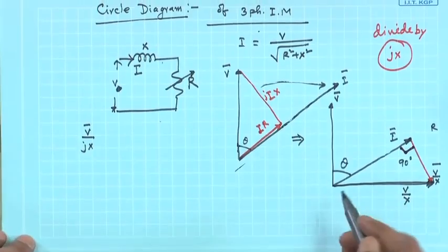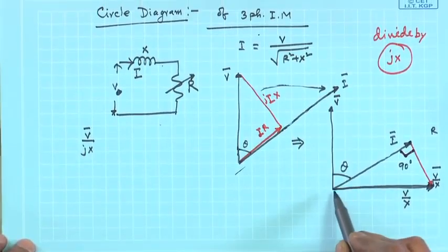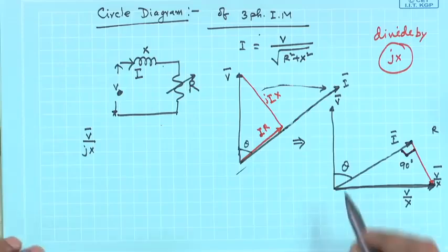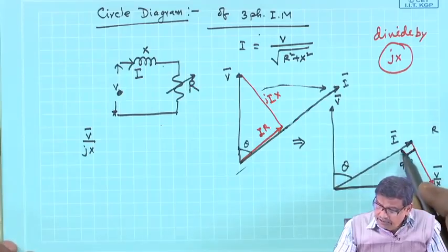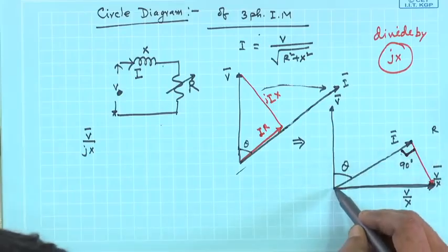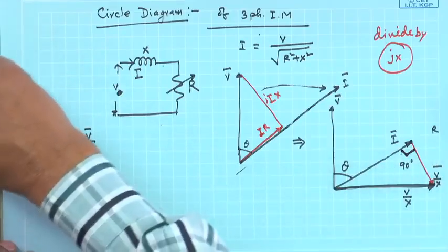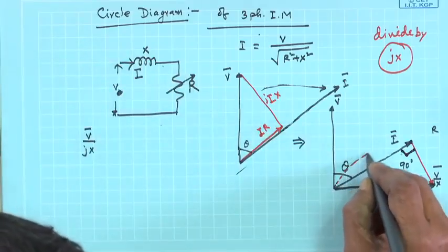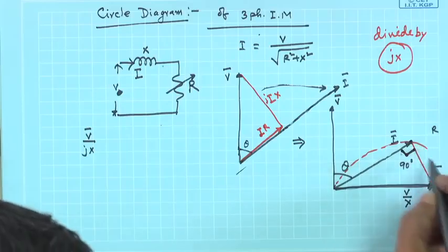Therefore, as you vary r, this will be the diameter of the circle, because on the diameter, any two segments you draw, it has to cast an angle of 90 degree, no matter where it is. Therefore, the circle diagram for any other value of r will lie on this circle.